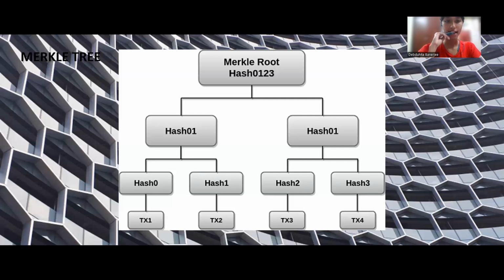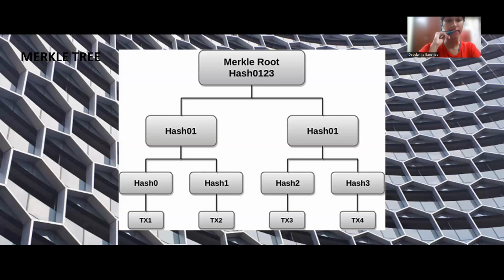Here we have 4 transactions in the block: transaction 1, transaction 2, transaction 3, and transaction 4. We can see there is a top hash, which is the hash of the entire tree, which is known as the Merkle root. Each of these is repeatedly hashed and stored in each leaf node, resulting in hash 0, 1, 2, and 3.